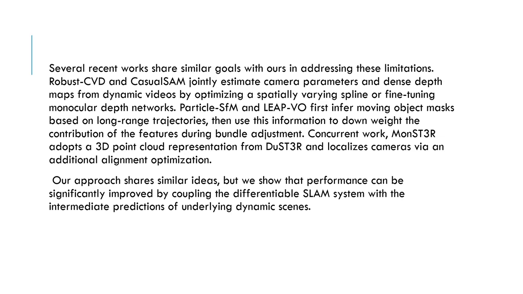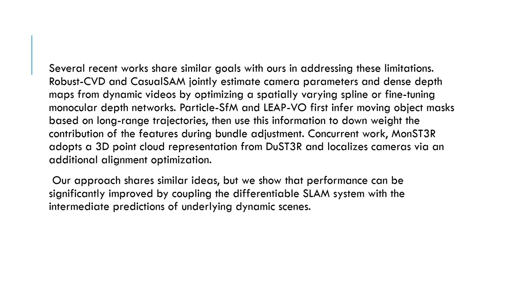This limitation is addressed by RoDynRF-style methods like robust CVD and CasualSAM, jointly estimating camera parameters and dense depth maps from dynamic videos by optimizing a spatially varying spline or fine-tuning monocular depth networks.